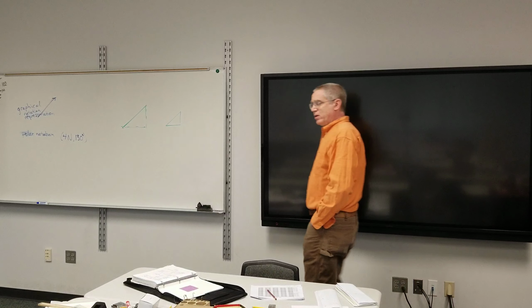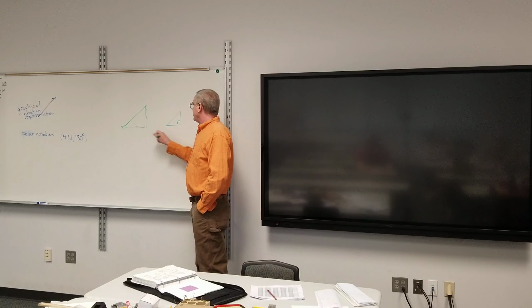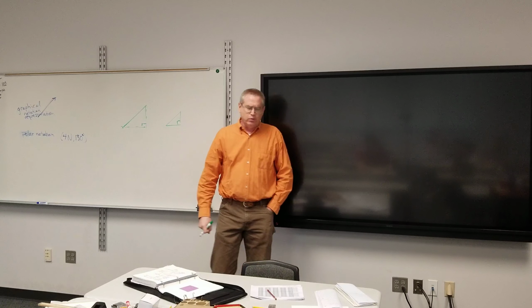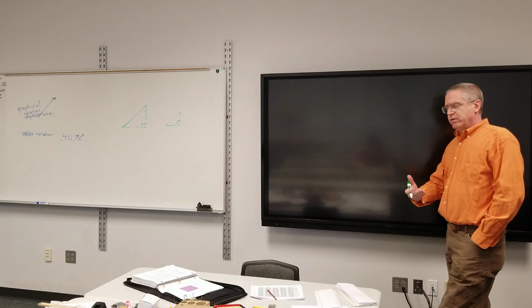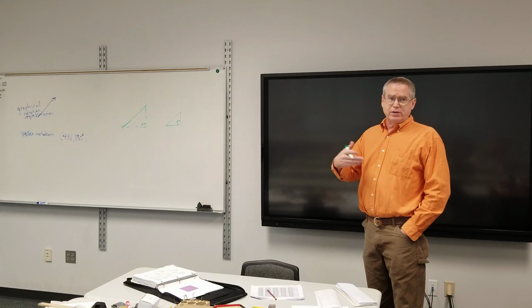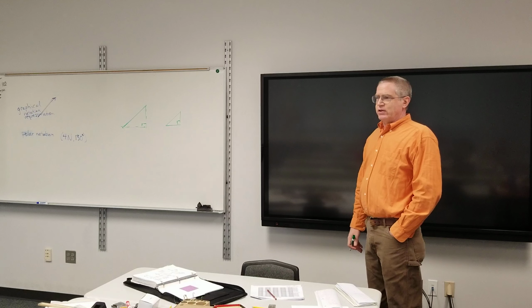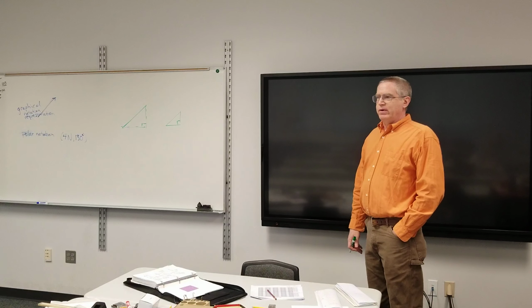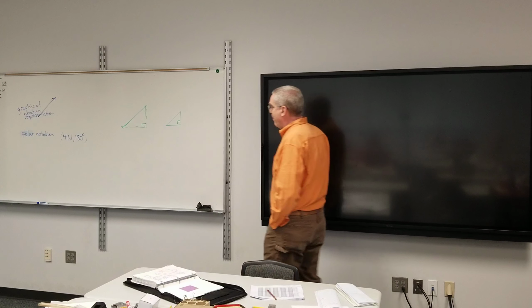Same angles is the key. We'll be dealing with right triangle trig. For those of you who have had pre-calculus trig or some other more advanced trig, feel free to use it. If you need to use law of sines, law of cosines, I have no problem with that. Not necessarily the simplest approach, but if that's the way your mind is working at that moment, I guess it's the simplest for you.